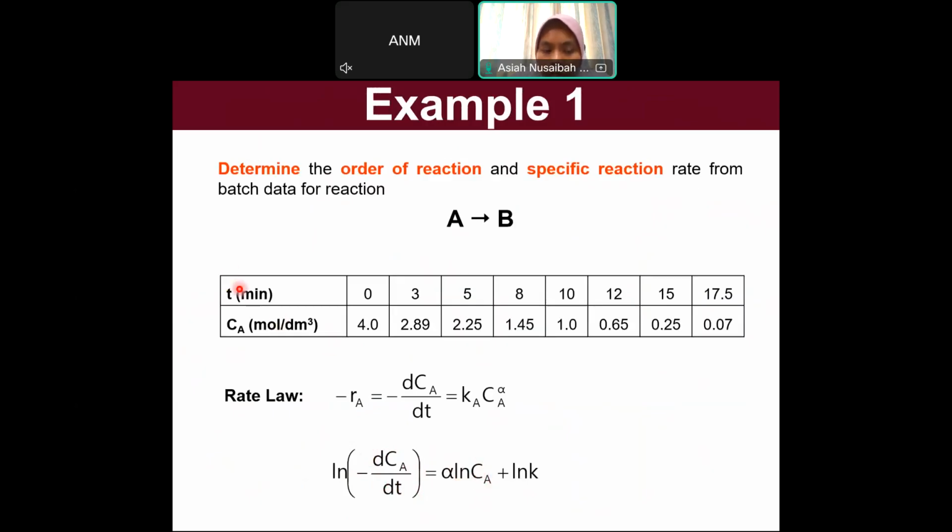Here we have t and C_A. ln C_A we can simply calculate using a calculator, but minus dC_A/dt we have to find using the graphical method first, then only we can do the other plot.